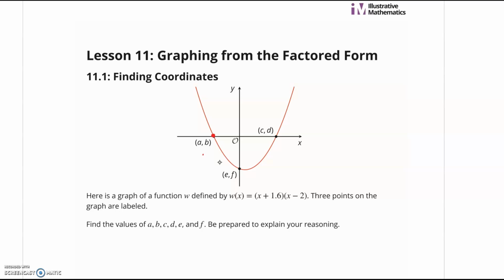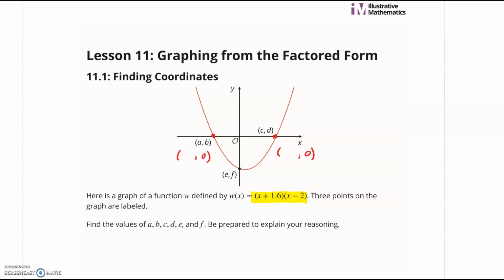So then I know that this point will look like this, something comma 0. Same thing for CD. I know that this point will look like something comma 0. Now to figure out what A is, I also remember from last class that these intercepts can be found by looking at the factors of the function.